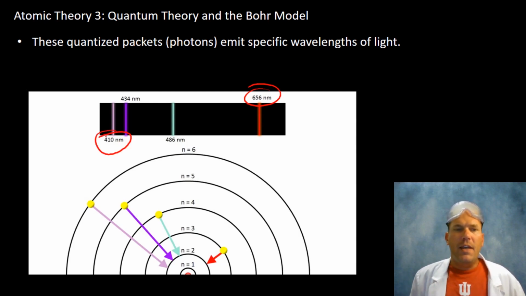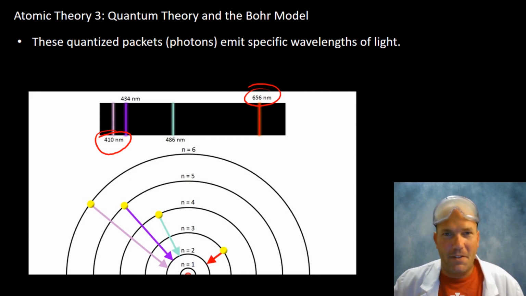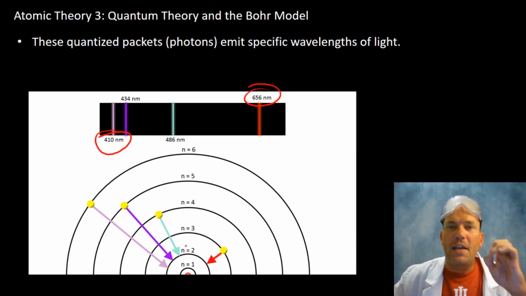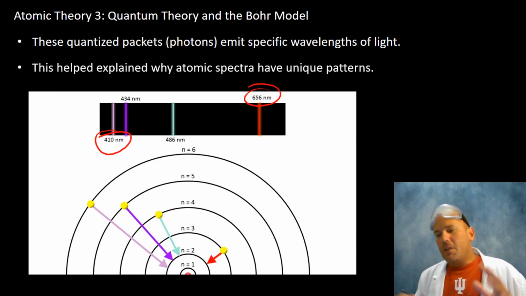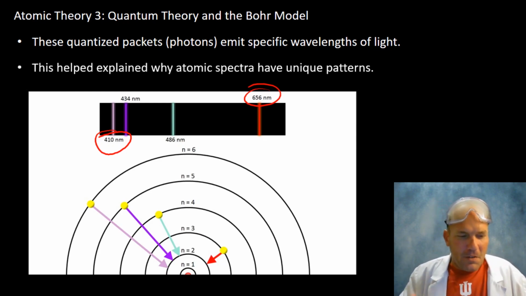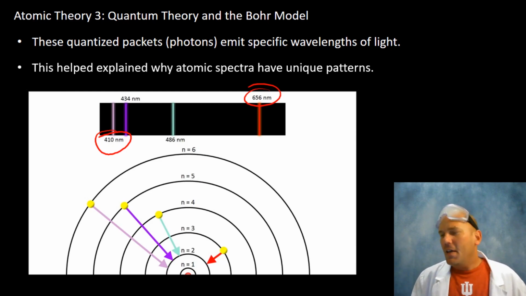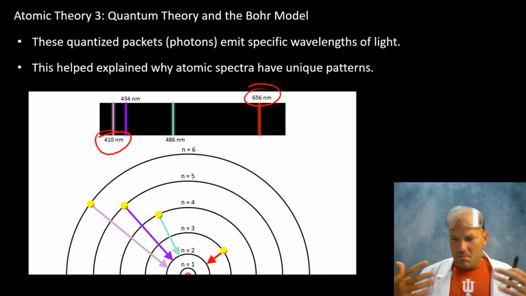That 410 has a tremendous amount of energy, relatively speaking. Okay, and look how far it is falling when it falls to ground state and emits that quantized packet of energy, that photon.